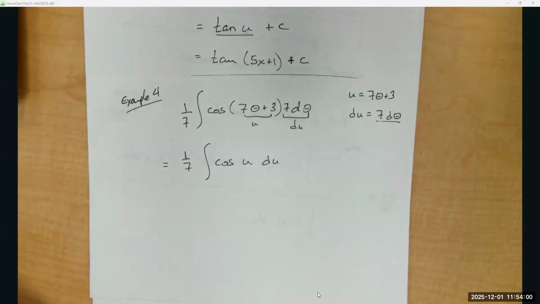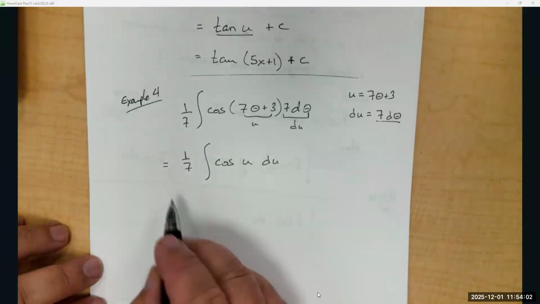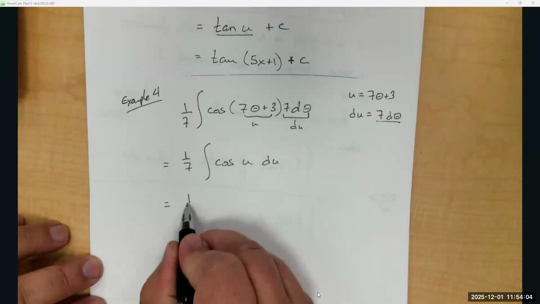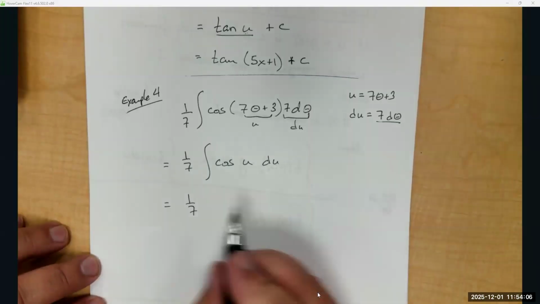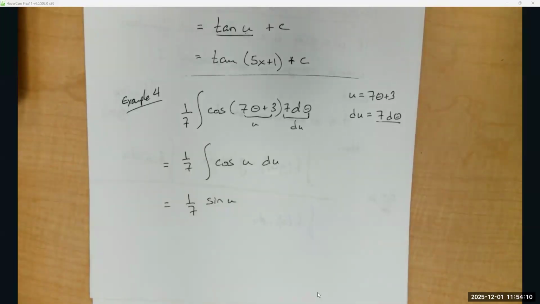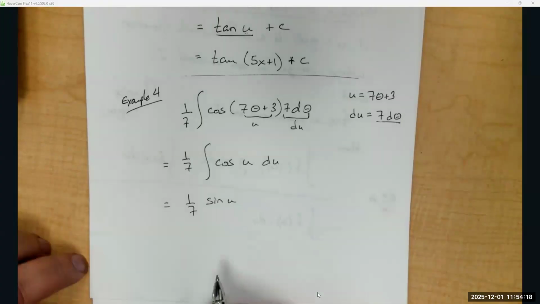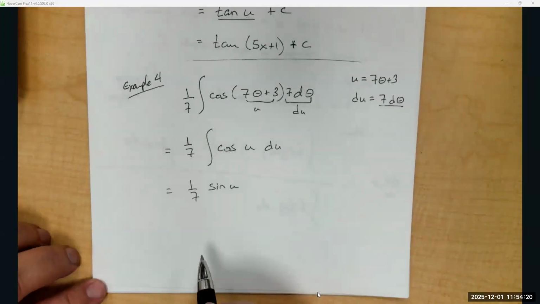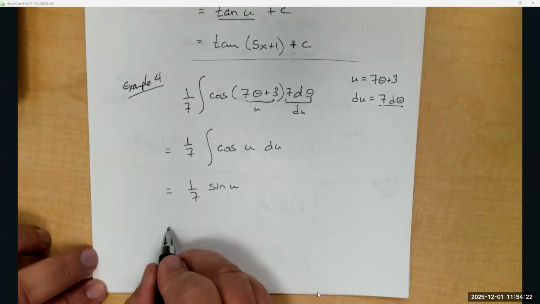Now we don't have to worry about any of the special stuff. The integral of cosine is what? Sine u. So now what do we got to do? Plug it in. What is u?